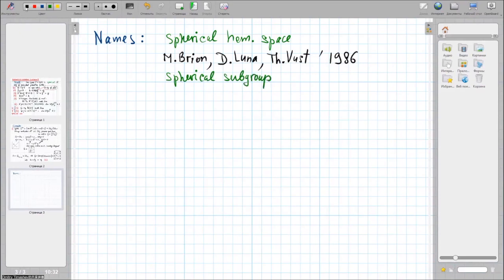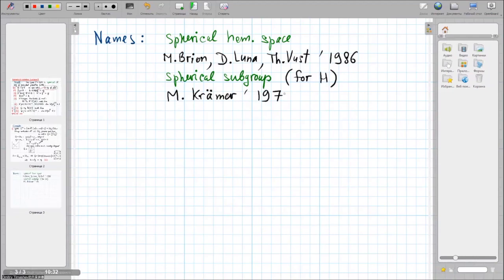The name spherical subgroup, this is the name for the subgroup H, the stabilizer of a point in a spherical homogeneous space, goes back to Manfred Krämer, 1979, I guess.